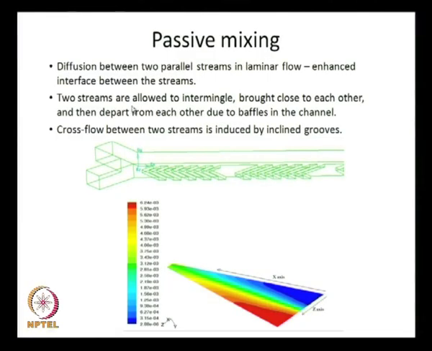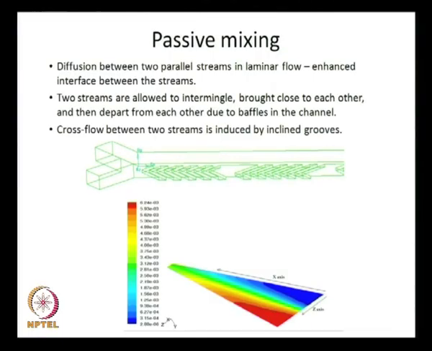If one layer is moving, then by viscous action the next layer will move, maybe not at the same velocity but at a lower velocity, and then the next layer moves also. So, when a fluid goes through this channel, it pulls some of the fluid above it as well. You will be inducing cross flow through this channel; that is the idea, that you have these grooves placed in the floor. So, you are intentionally inducing a cross flow.